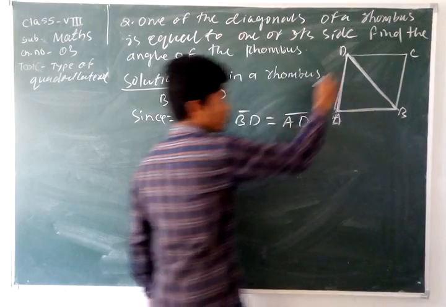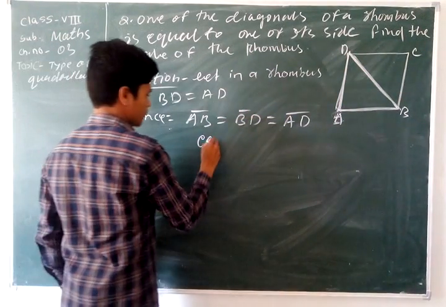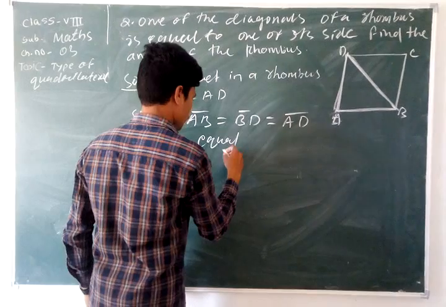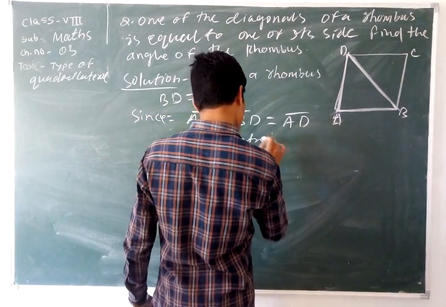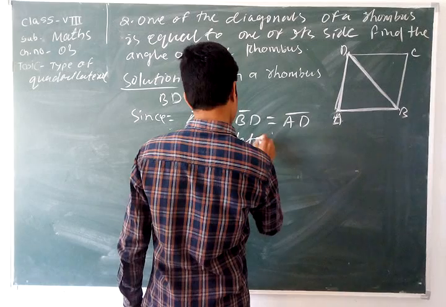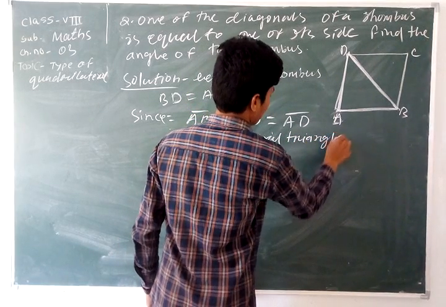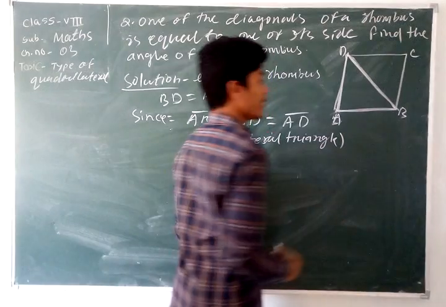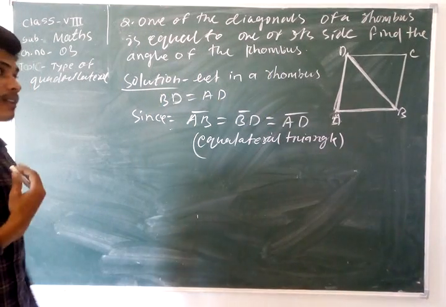Then we got an equilateral triangle. Okay. We know that an equilateral triangle has all angles equal.